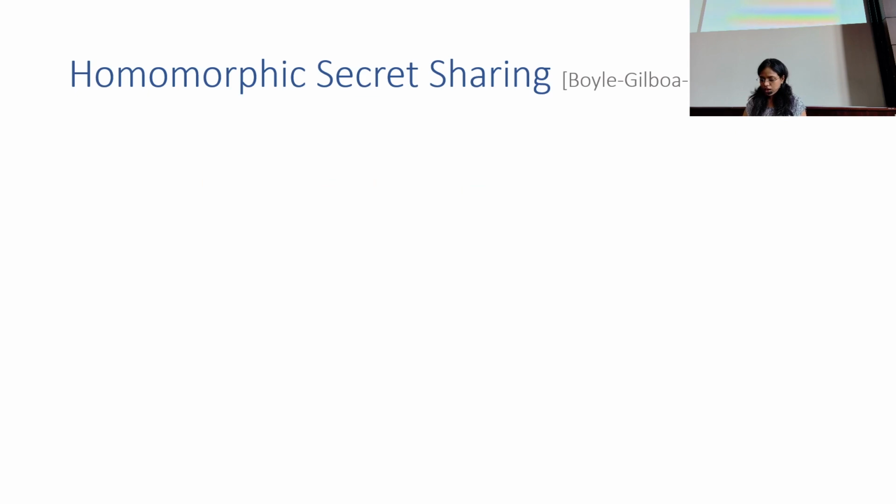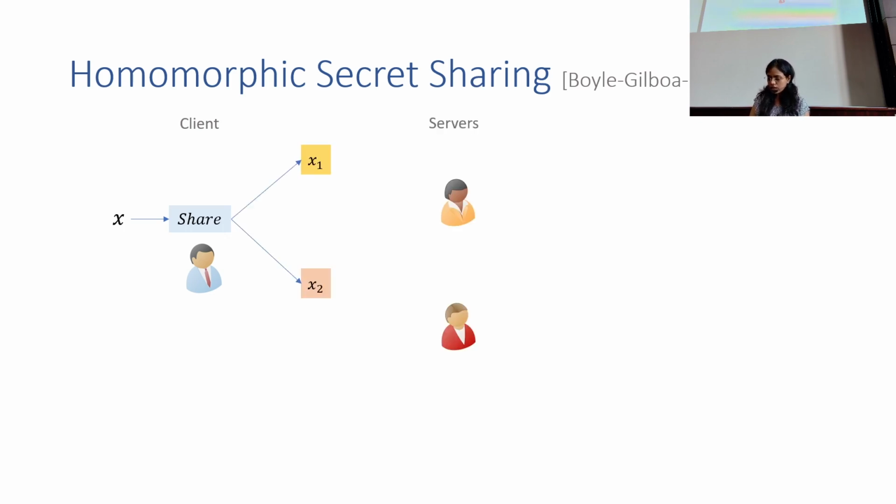Okay, so let's first start by recalling the notion of homomorphic secret sharing, or HSS, that was introduced by Boyle, Gilboa, and Ishai in 2016. An HSS scheme enables a client to split his secret input into multiple shares and distribute them amongst a group of servers who can then homomorphically compute on these shares to evaluate some function f.